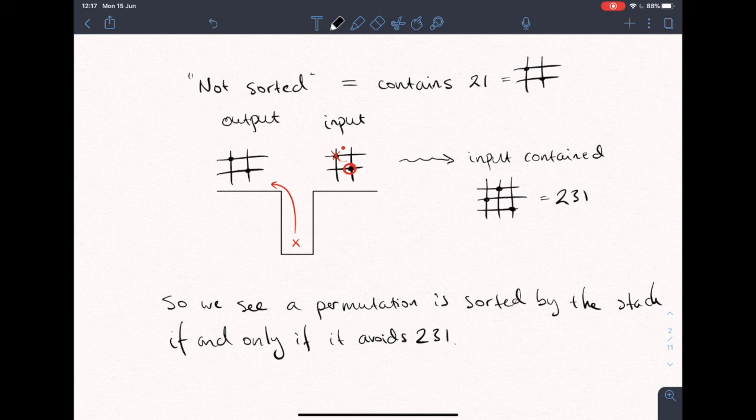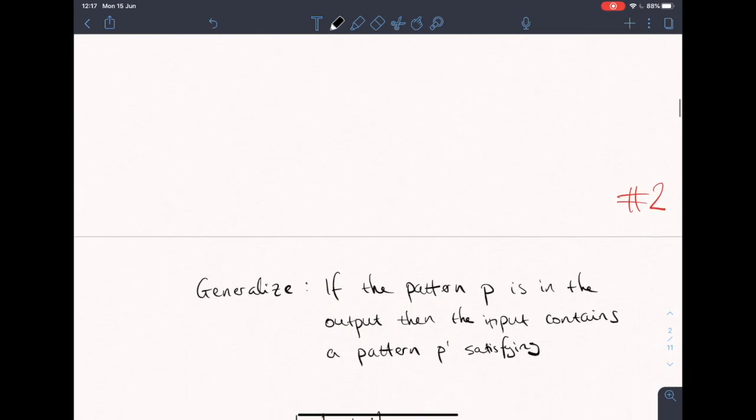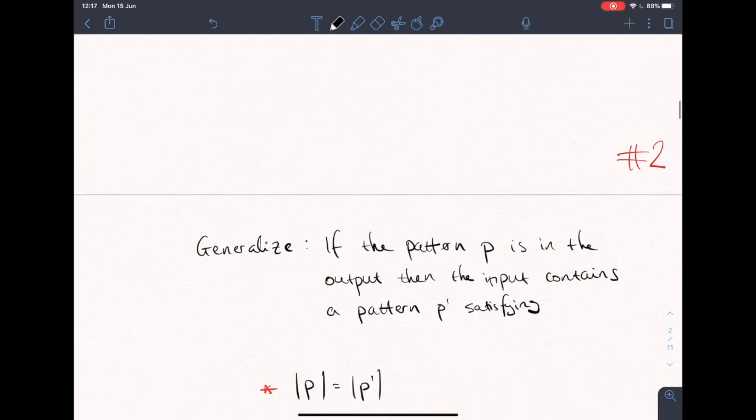And the simple observations we were making are enough to answer a much broader question. If the pattern P is in the output, then the input contains a pattern P prime satisfying several conditions. It has the same length as the pattern in the output.